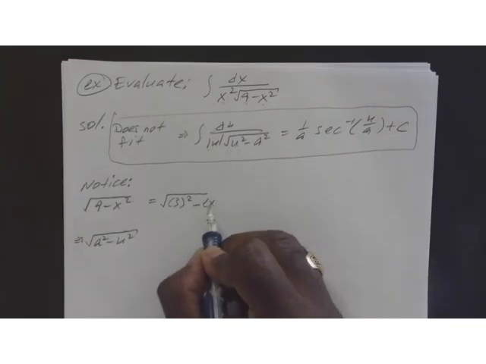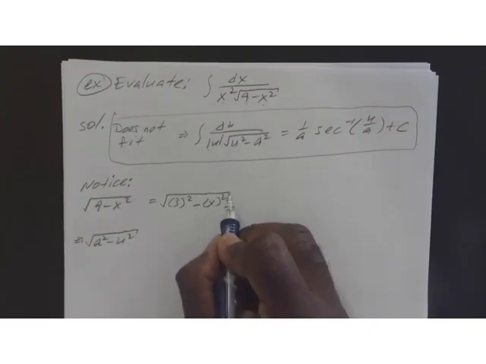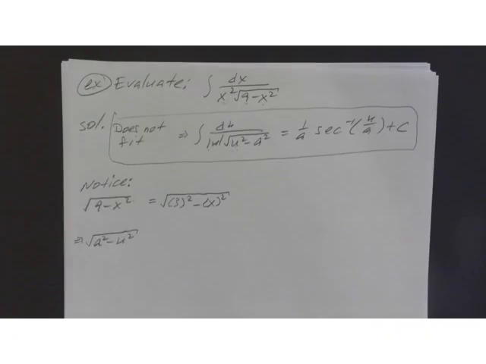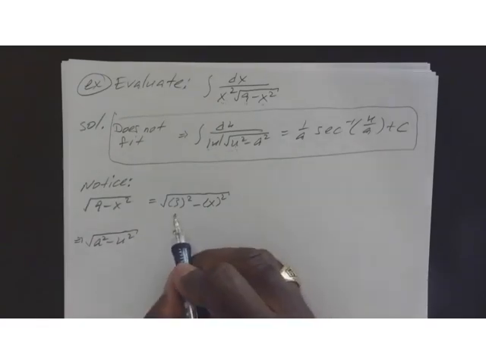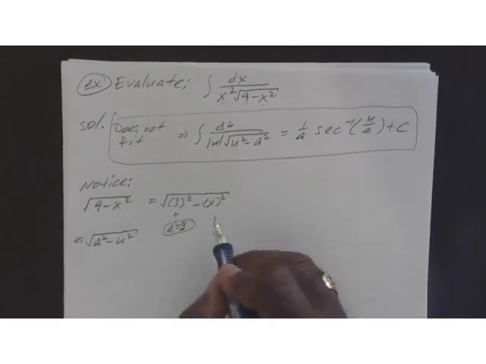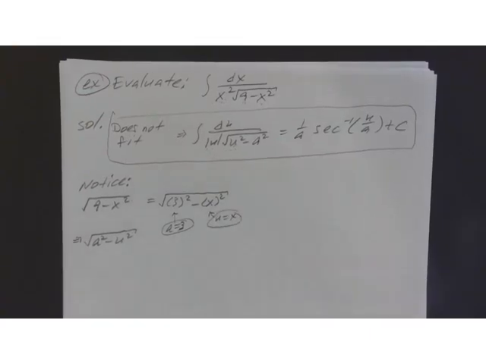You can use the parentheses, you don't have to. So we can see here that our a is equal to 3, and our u is equal to x.